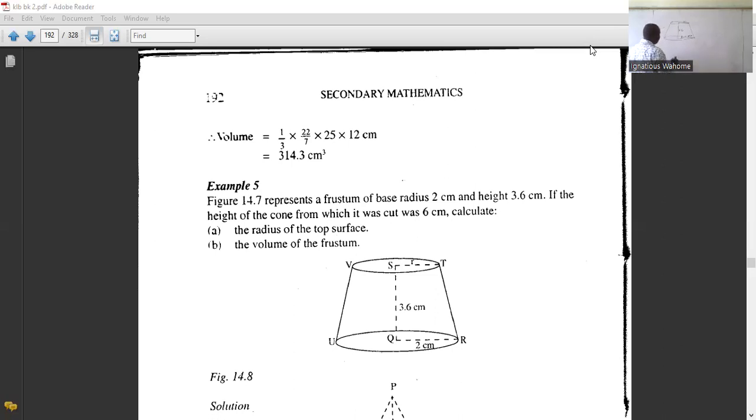So question A: the height of the cone from which it was cut, the height of the original cone that the examiner is talking about, is 6 centimeters. So find the radius of the top and the volume of the frustum.